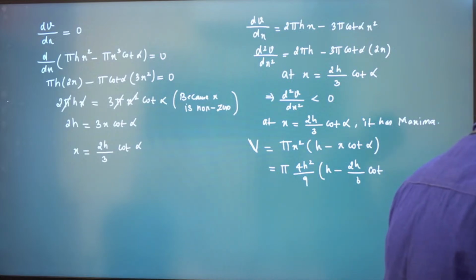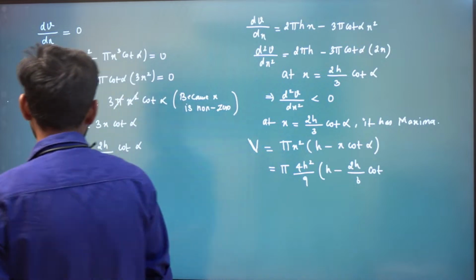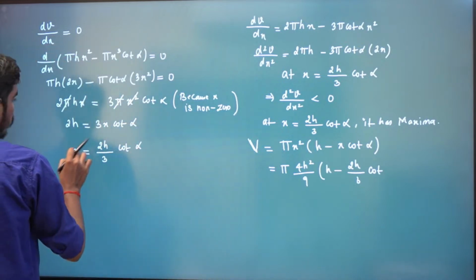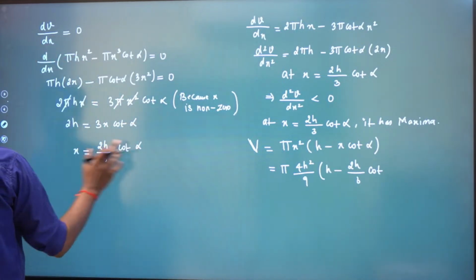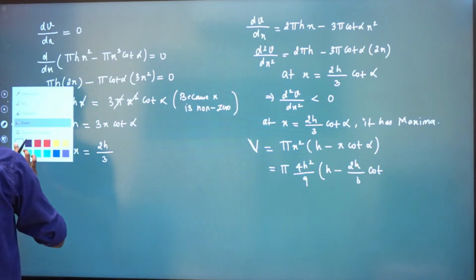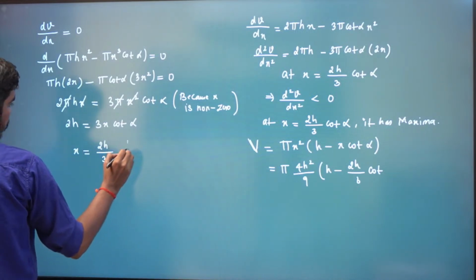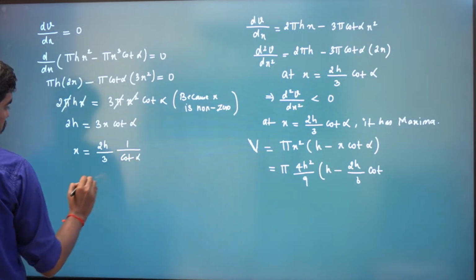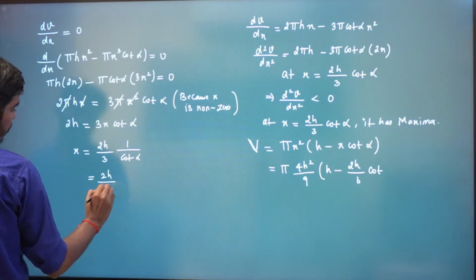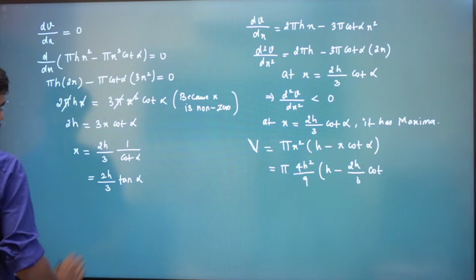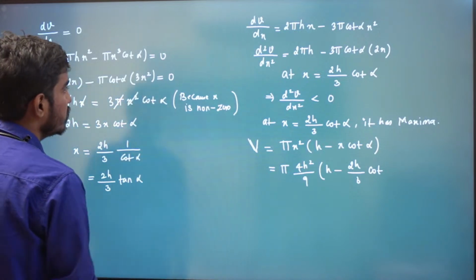Yes, your x is 2h by 3 tan alpha, which is 2h by 3, 1 by cot alpha. So 2h by 3 tan alpha is your critical point.